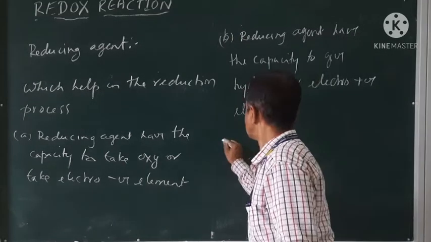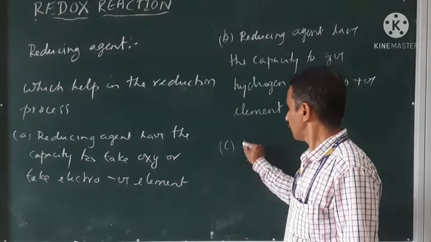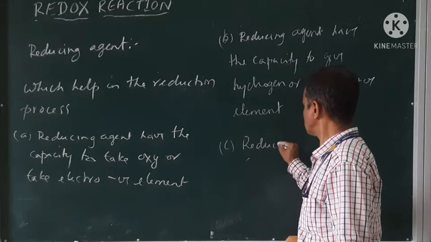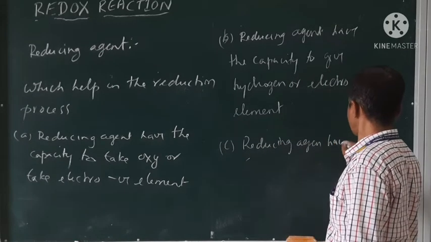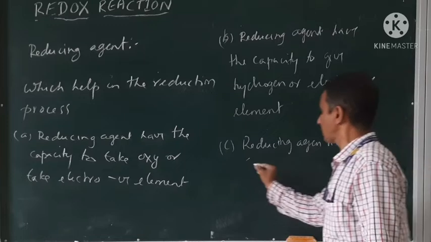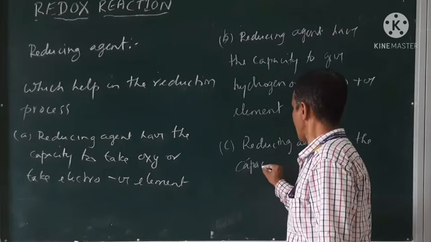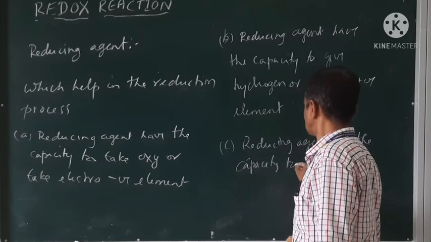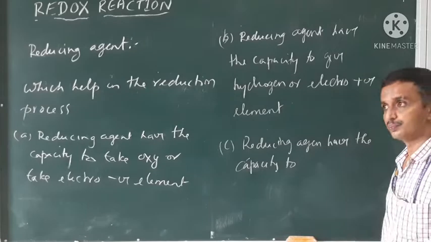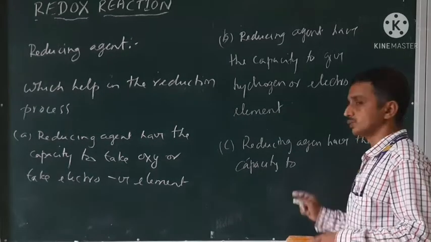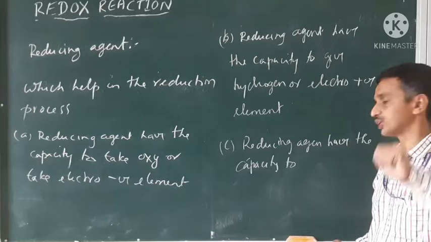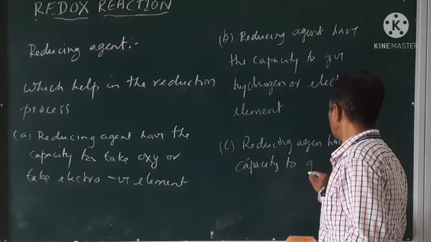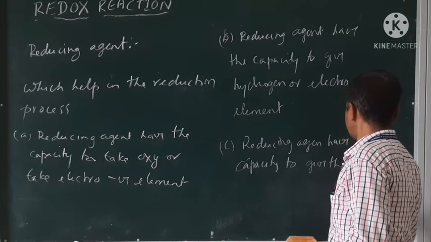A reducing agent has the capacity to, what is that? Gain of electron is reduction. Capacity to give the electrons.